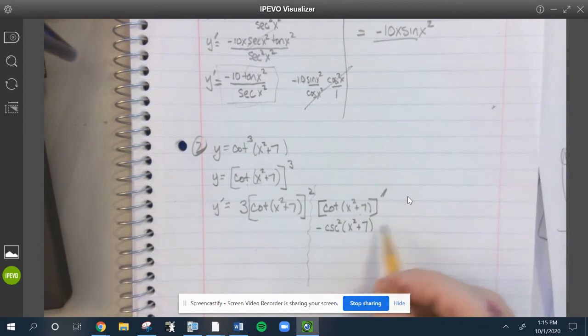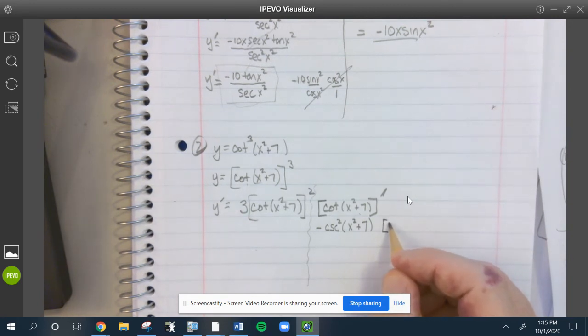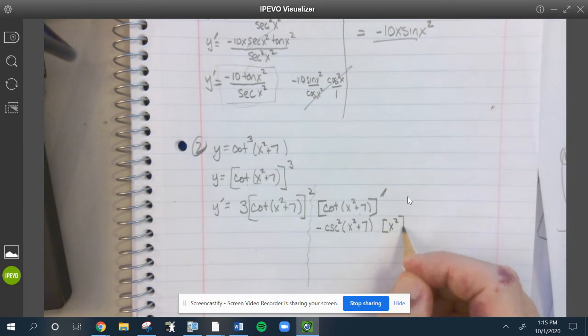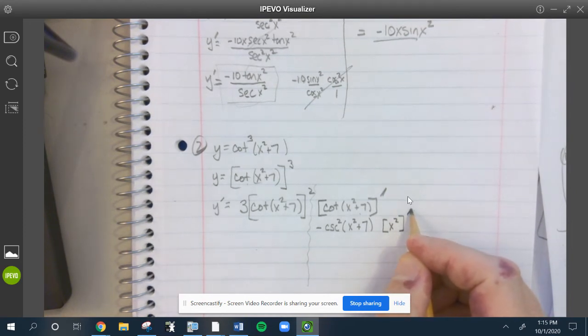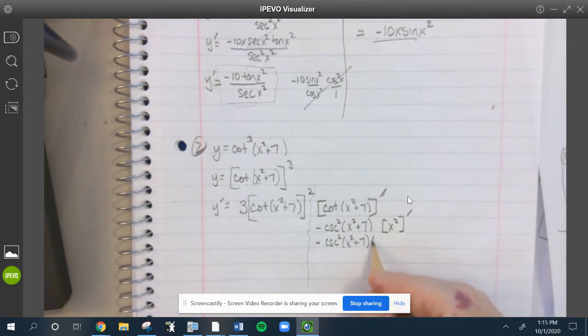And then times the derivative of the inside. I'm going to keep my symbolic. You can just write x squared, or 2x, obviously, but since I started symbolically, I'm going to go with it. Now you can see the only thing I have left to do is take the derivative of this x squared. So I have negative cosecant squared x squared plus 7 times 2x.